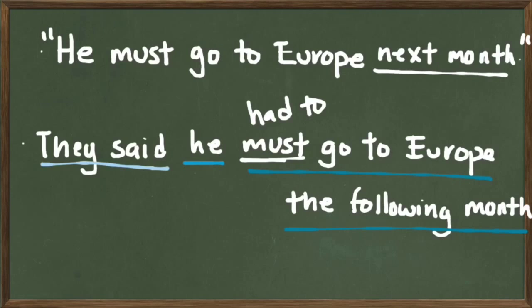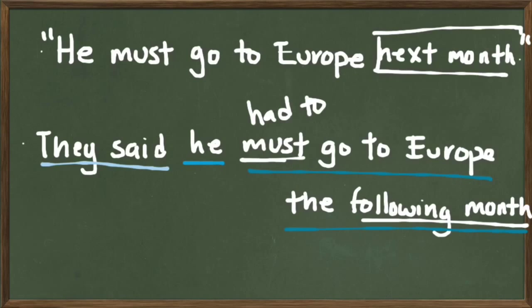Notice that we changed the expression next month to the following month. This depends on exactly when we are reporting. For example, if this is information that we heard 2 days ago, we can report saying they said he must go to Europe next month, because we're still in time.